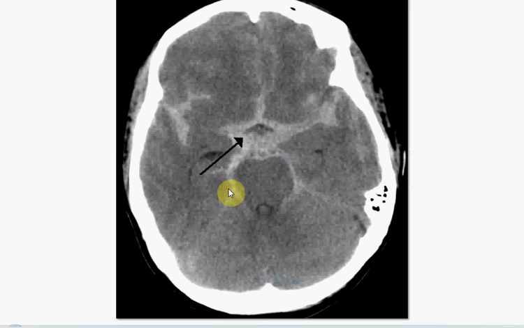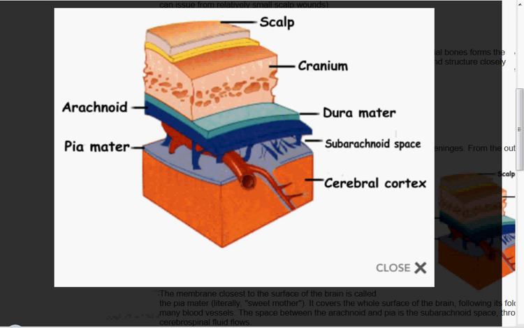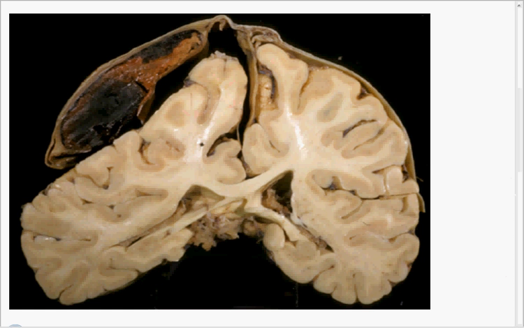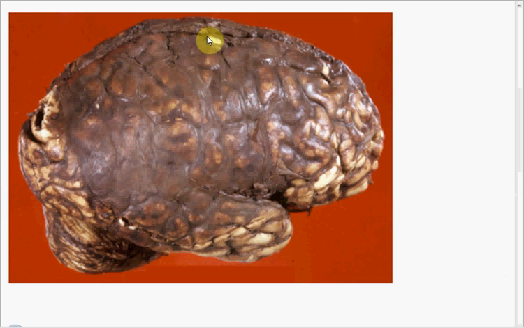Quite different to the other two. You've got this diffuse whiteness, hyperdensity in the subarachnoid space, even over here as well, and over here, and through here. And let me show you what that looks like in terms of gross pathology. Here we are, diffuse underneath the arachnoid mater.